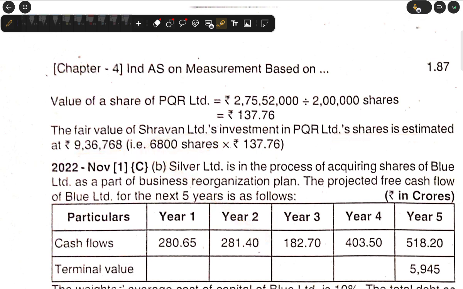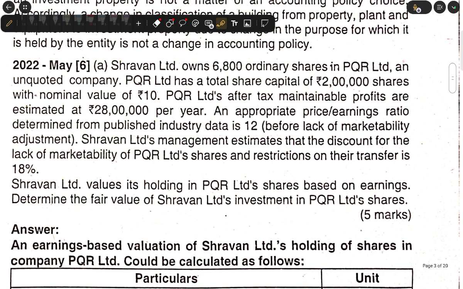The number of shares in PQR is 2 lakhs. The value per share is 137. The value of Sherwin's investment in PQR Limited is 137 into 6,800, which is 9,38,000. So the method is 28 into 12 into (1 minus 0.18). Once you get that value, divide it by the number of shares to get the value of each share, then multiply by the shares held to get the value.